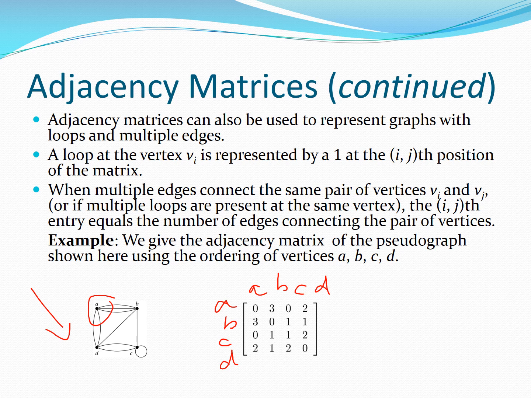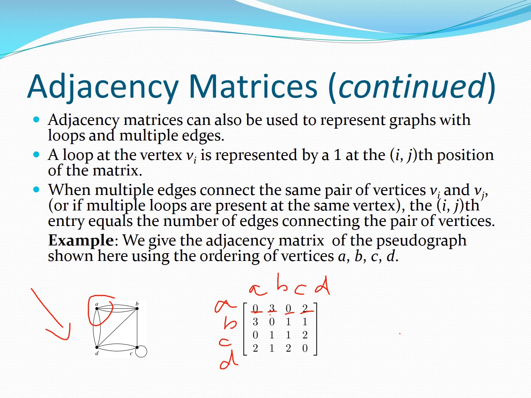A has three edges connected to B. A has no loops, first thing, so from A to A that's going to be a 0. From A to B there are 3 edges, so instead of a 1 you're going to have a 3 right there. From A to C there is no edge, so that's a 0. From A to D there are 2 edges, so that's going to be a 2 instead of a 1.